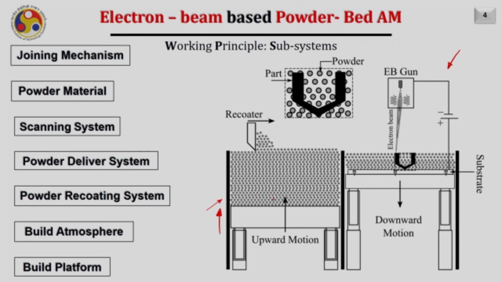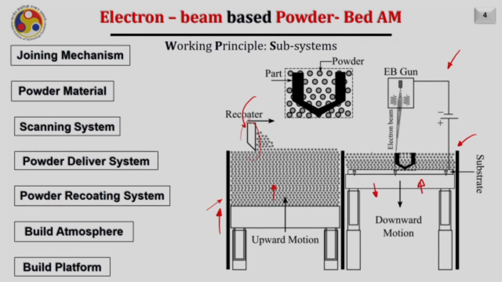This reservoir provides the right amount of powder to a powder recoating system. Here it is a blade, and typically in electron beam based powder additive manufacturing systems, a recoater blade is used to deposit the new layer onto the powder bed. The right side chamber corresponds to the build plate, which goes downward each time by the required layer thickness.